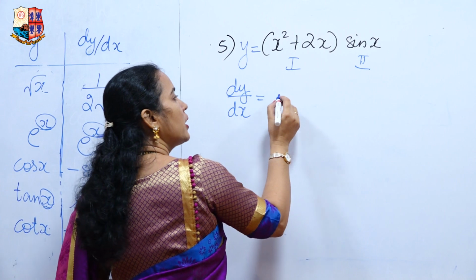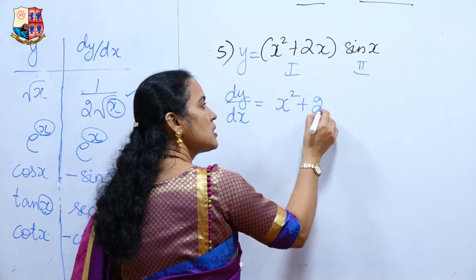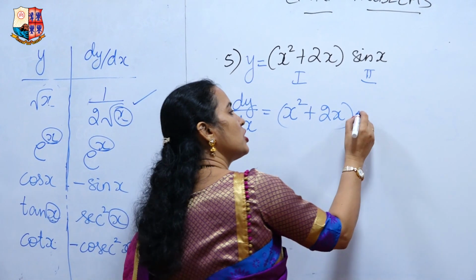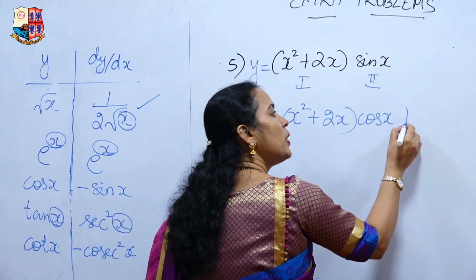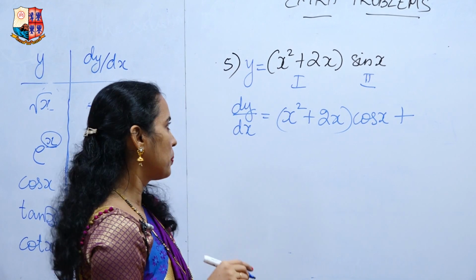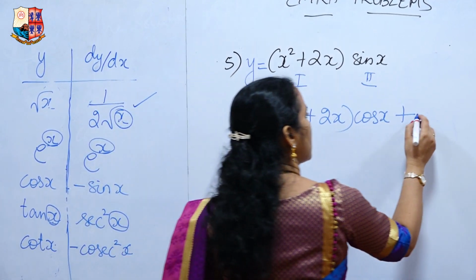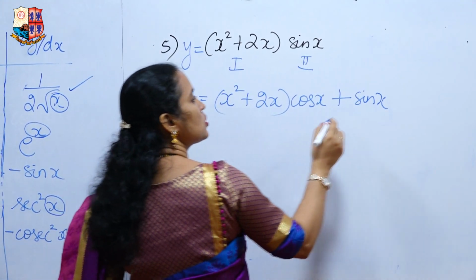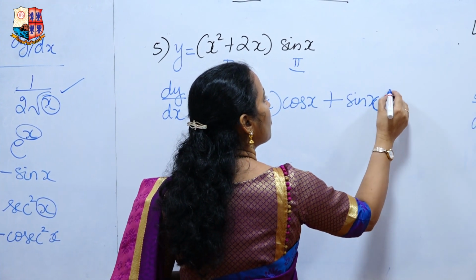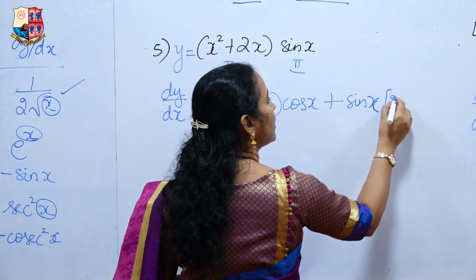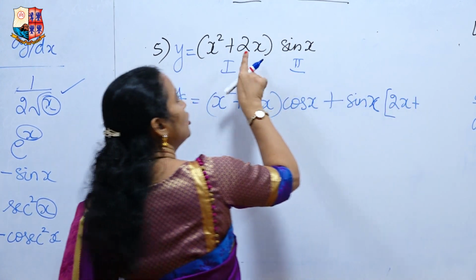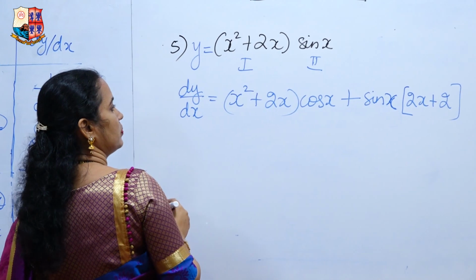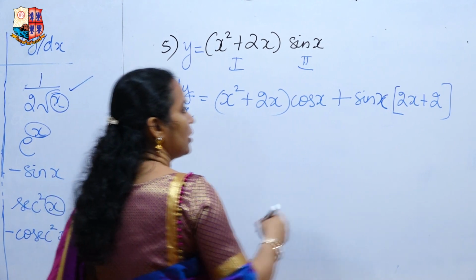Apply UV rule, keep the first function as it is, differentiate the second function, sin x when you differentiate cos x, plus UV rule in between, plus keep sin x as it is, differentiate x square plus 2x. X square when you differentiate you will get 2x, plus 2x when you differentiate you will get 2. So done.